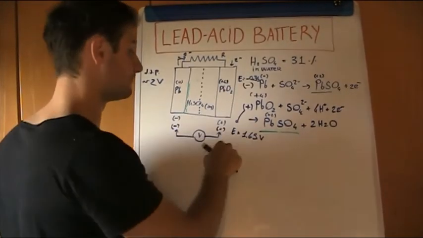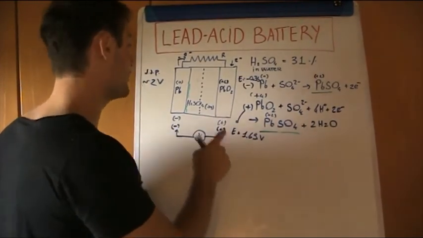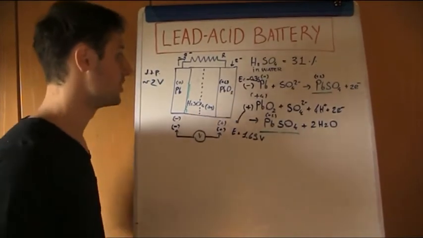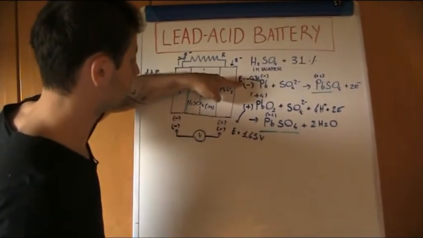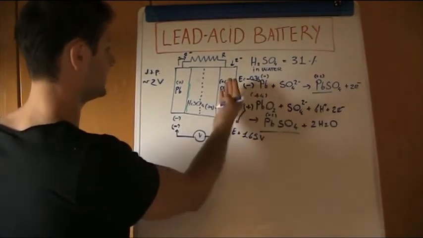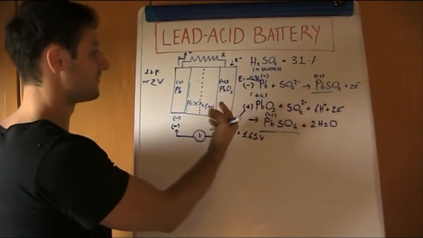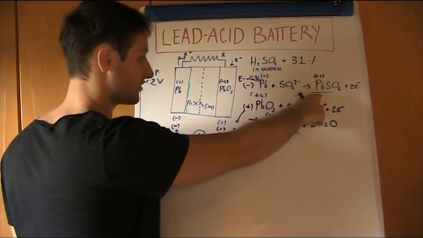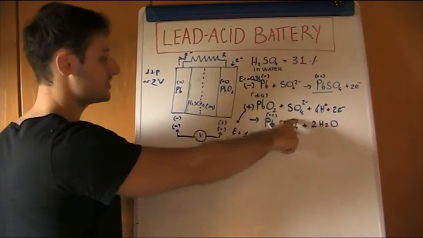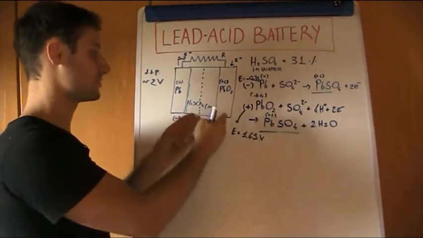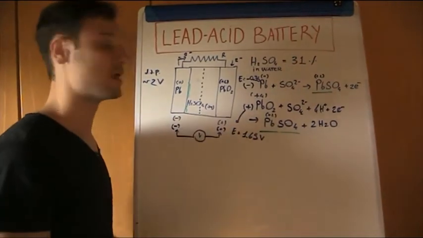And the point is that if we want to ensure the opposite reaction, we need to increase this potential with respect to this one, and so ensure basically the reduction of this species and the oxidation of this species. So we transform the negative pole into a cathode and the positive pole into an anode, as we well know.